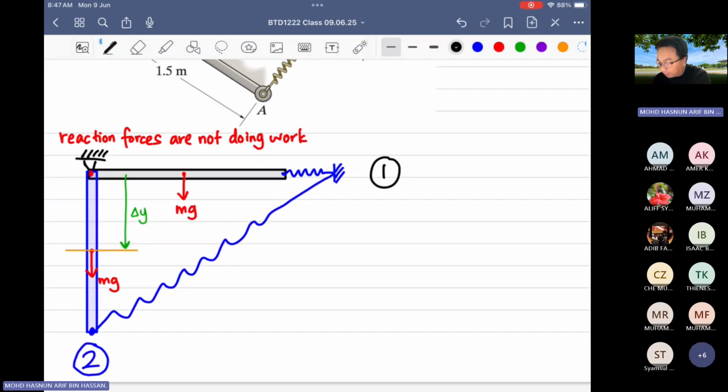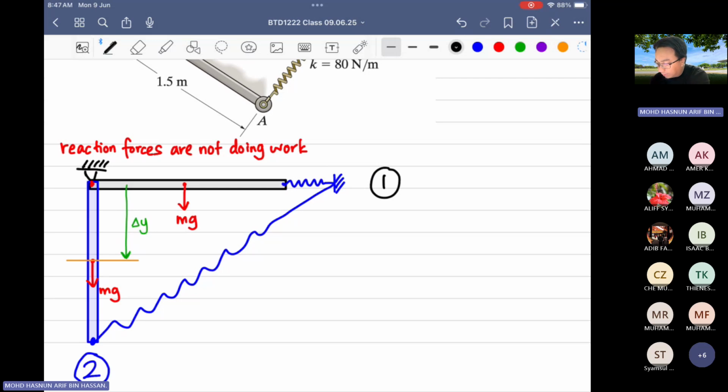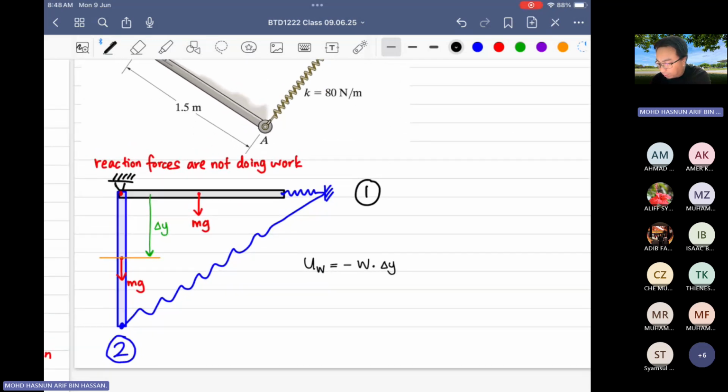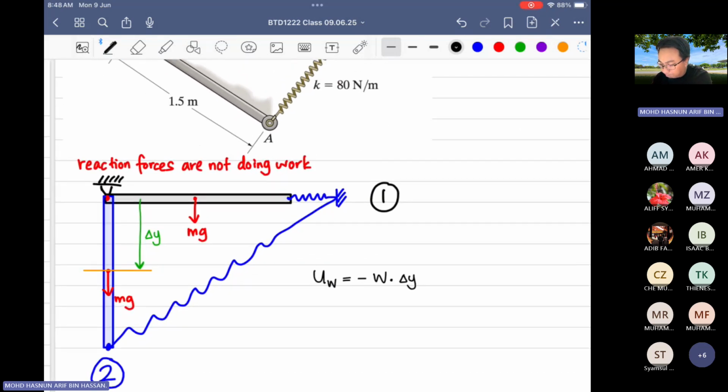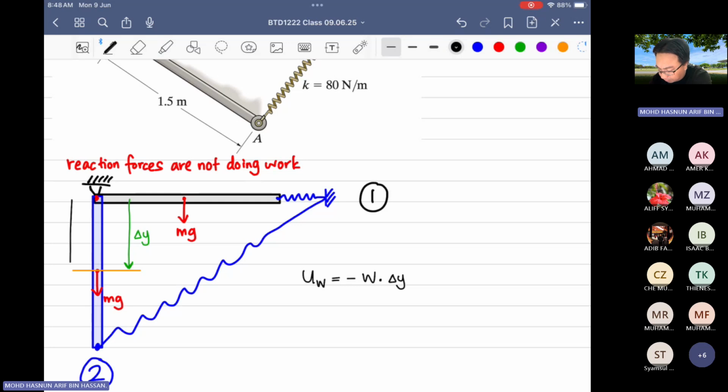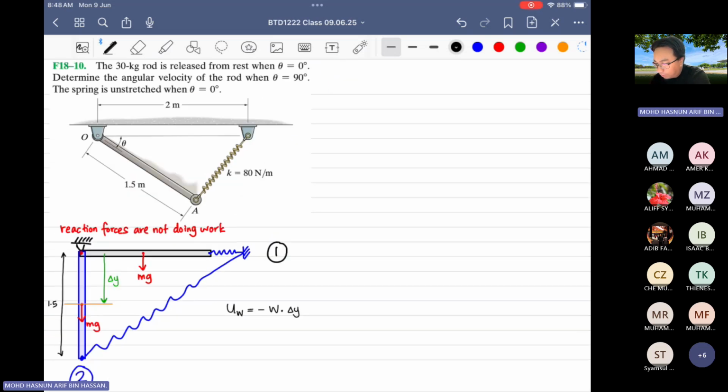Let's calculate the work done by the weight. UW is equal to minus W times delta Y. If we look at the figure, the total length of the rod is 1.5 meters, so delta Y should be half of the length of the rod, which is 0.75.